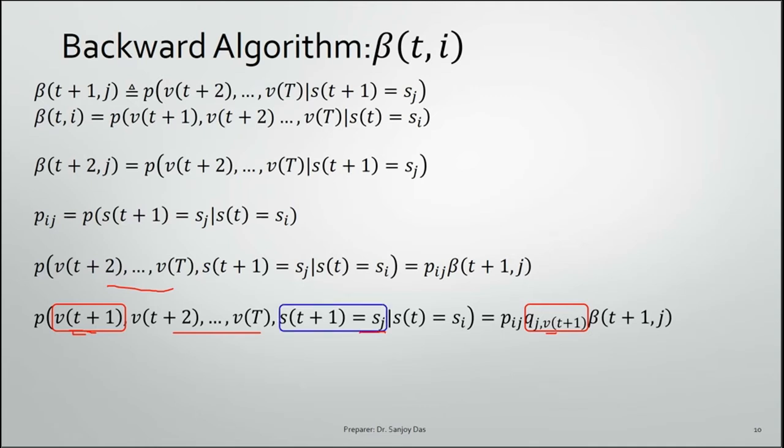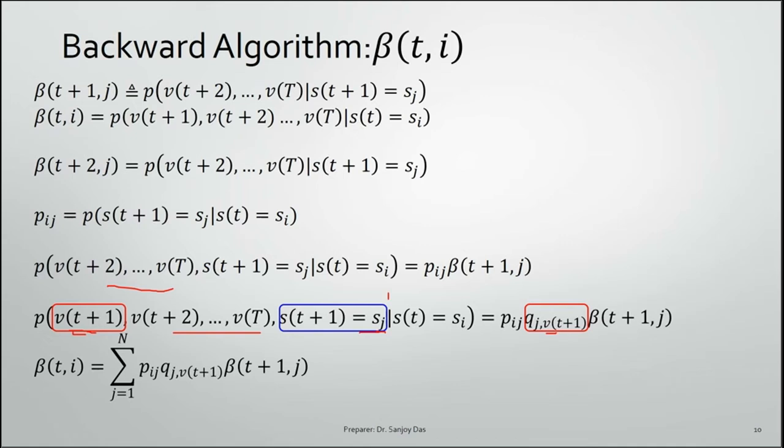And S_{t+1} is S_j is now part of the left side of this conditioning, and we can get rid of it by doing the summation over all possible S_j's.